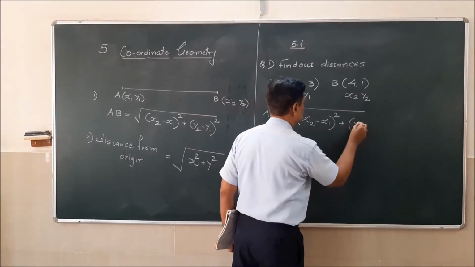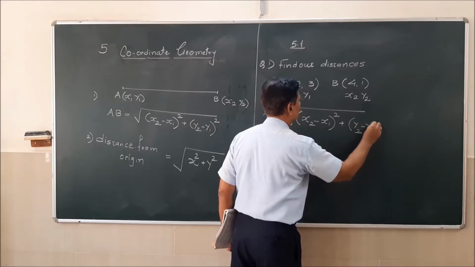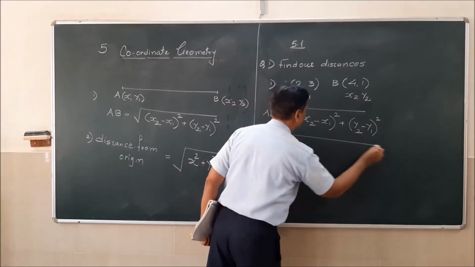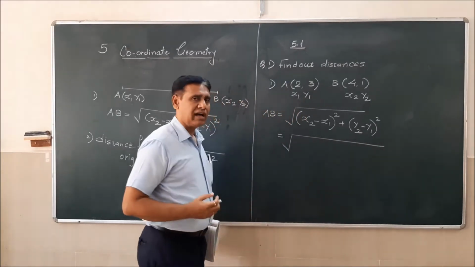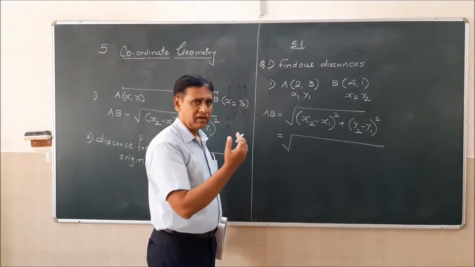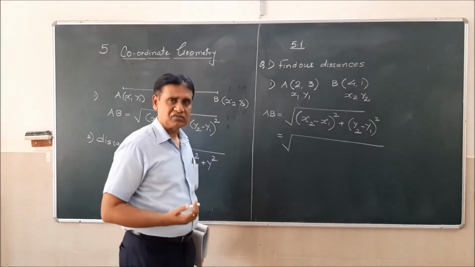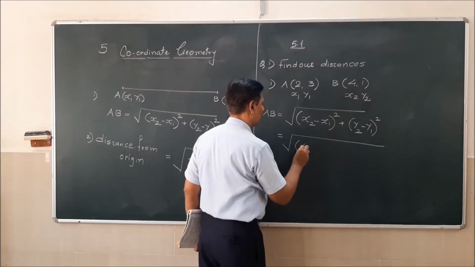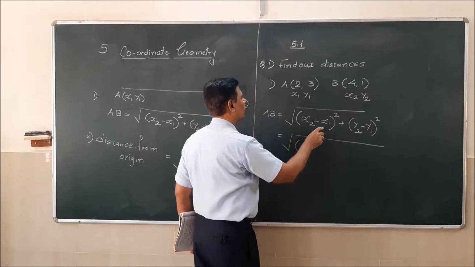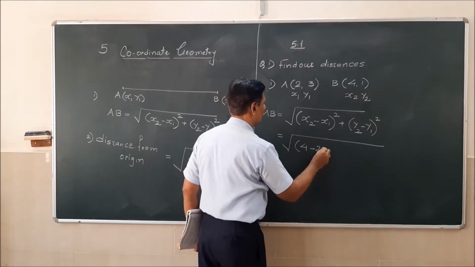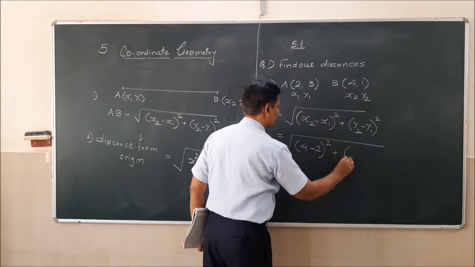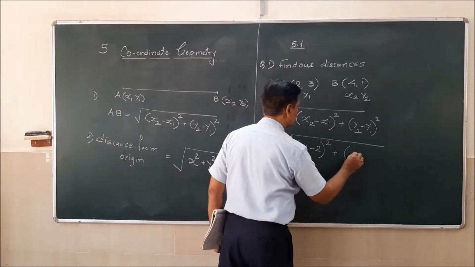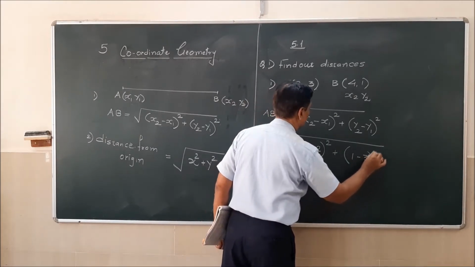Now let's substitute the values of x2, x1 as well as y2, y1. The value of x2 is 4 and the value of x1 is 2, so (4 minus 2) the whole square plus, the value of y2 being 1, (1 minus 3) the whole square.